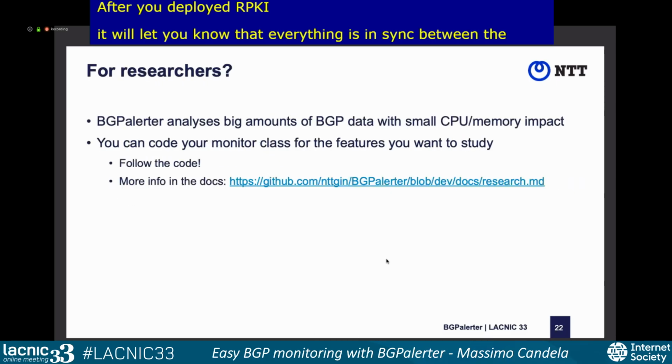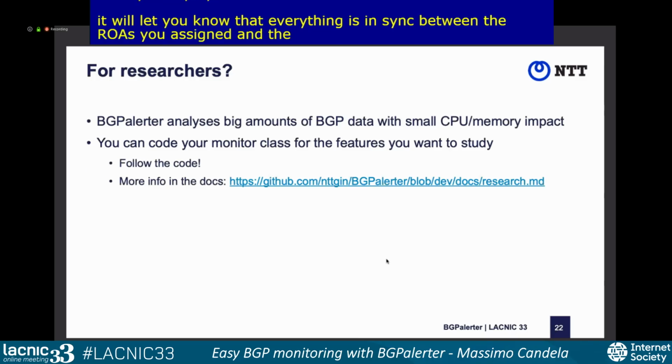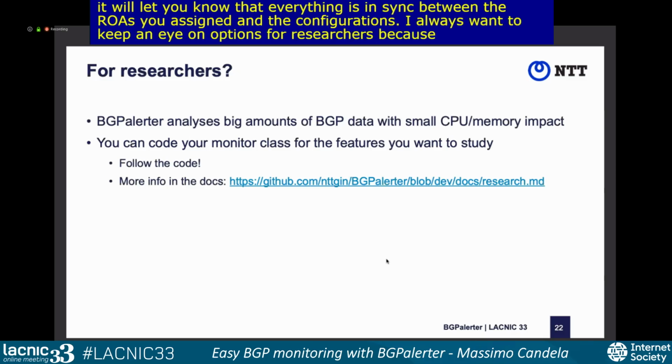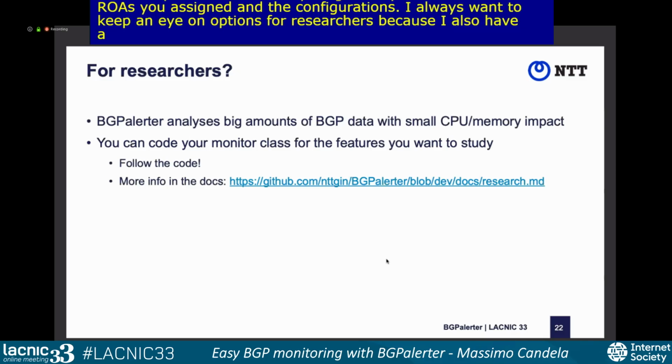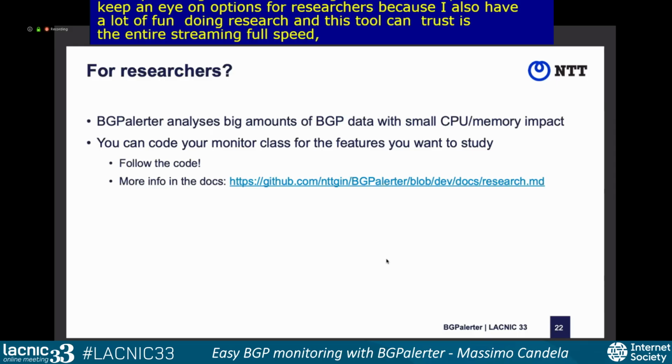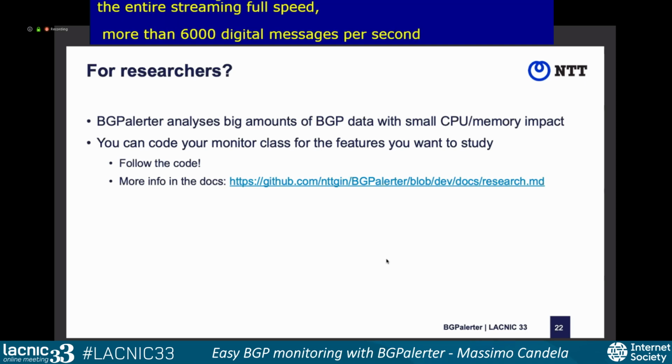I always want to keep an eye on options for researchers, because I also have a lot of fun doing research, and this tool is able to process the entire RIPE RIS stream at full speed, so more than 6,000 BGP messages per second, with really little CPU and memory. And there is a tutorial that I wrote for researchers.